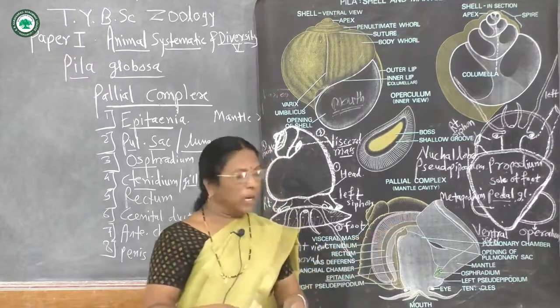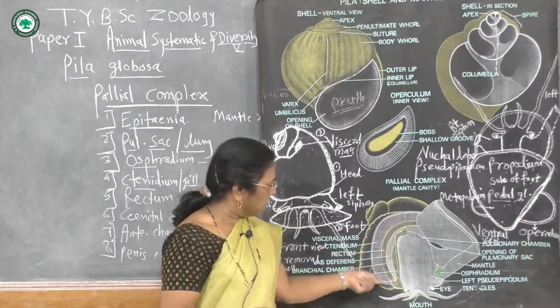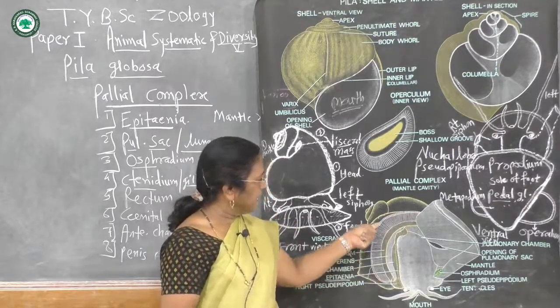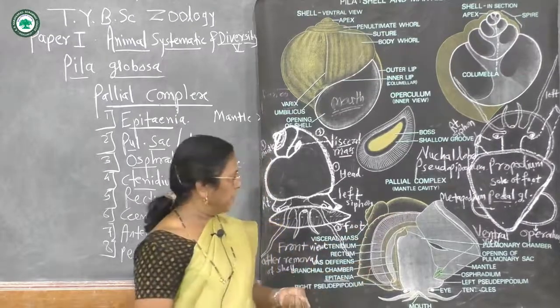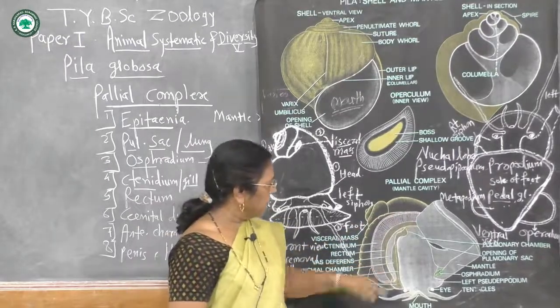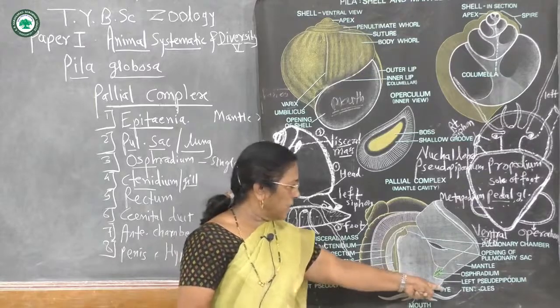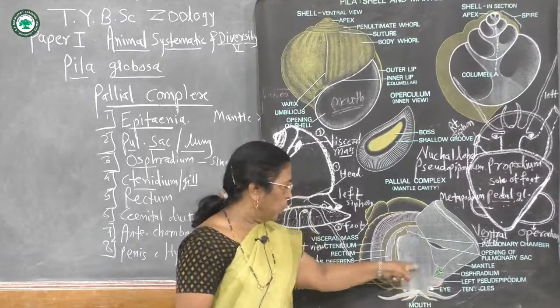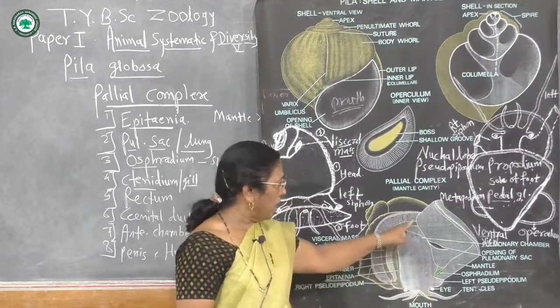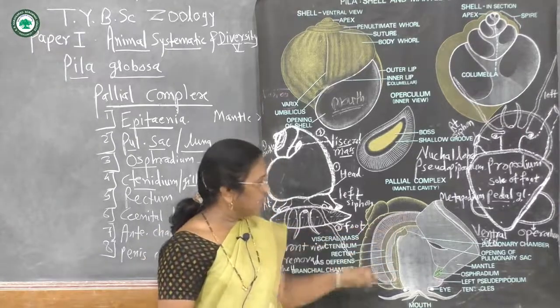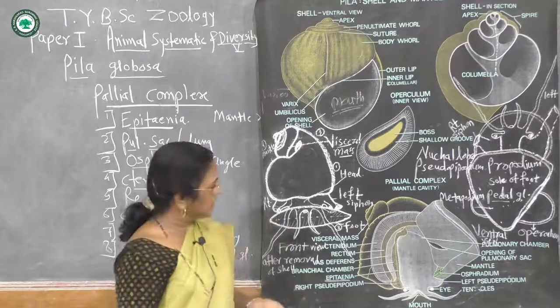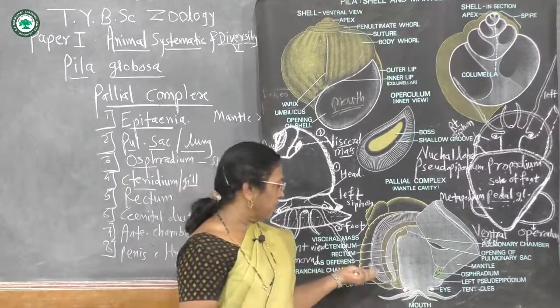They attach to the single ctenidial axis at one end, and the other end is free and pointed. When water enters through the left nuchal lobe, all lamellae are bathed, and these lamellae are richly supplied with blood vessels which contain deoxygenated blood.